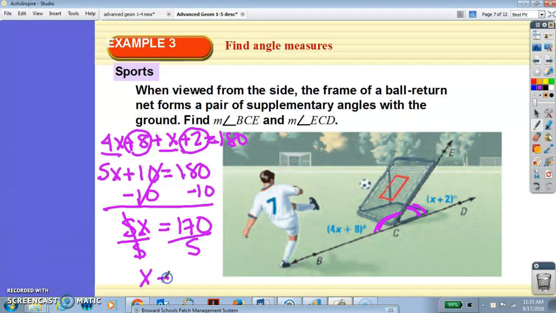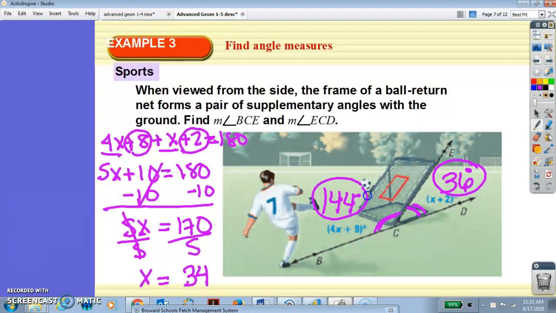So x equals 170 divided by 5, which is 34. 34 plus 2 is 36, which makes this 144. So when you plug in 4 times 34 plus 8, you better get 144 or you did it wrong because they need to add up to 180.